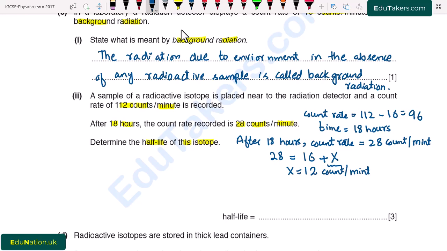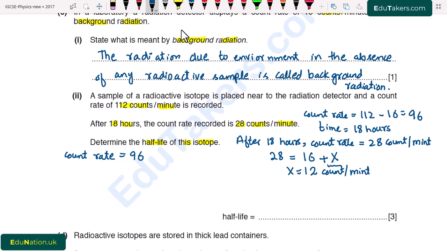So first of all, I write here: initially the radioactive isotope has count rate 112 and the background radiation count rate is 16. So the count rate is initially 96, and we have to find out first of all the total number of half-lives.